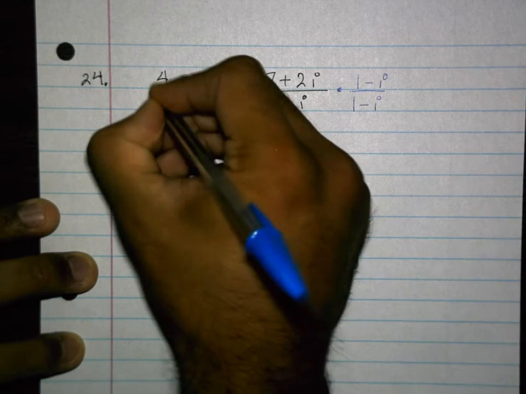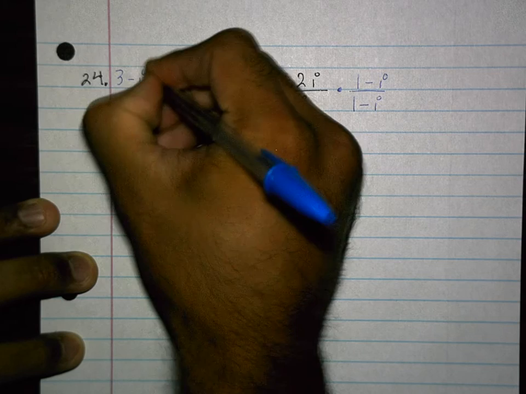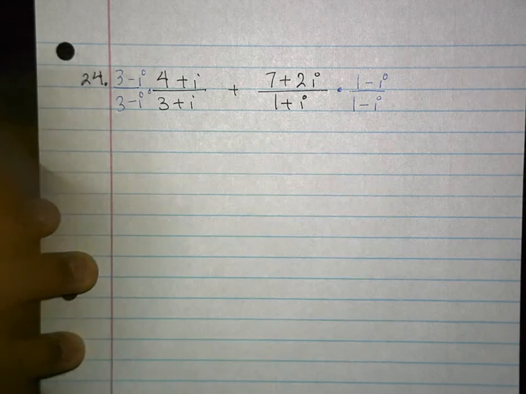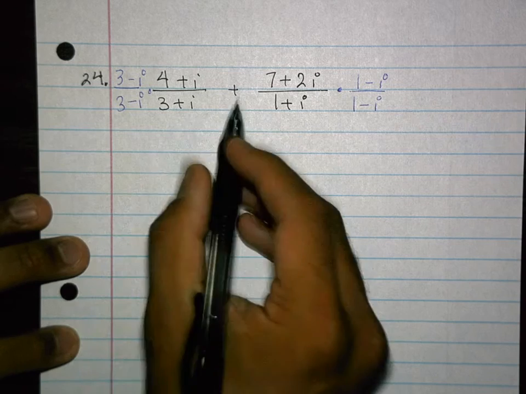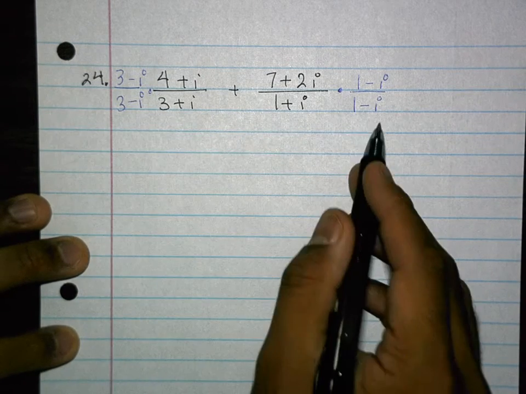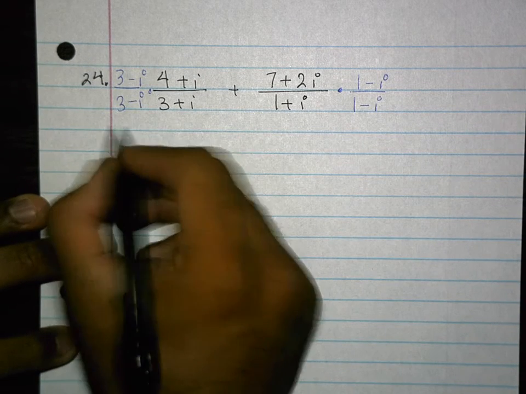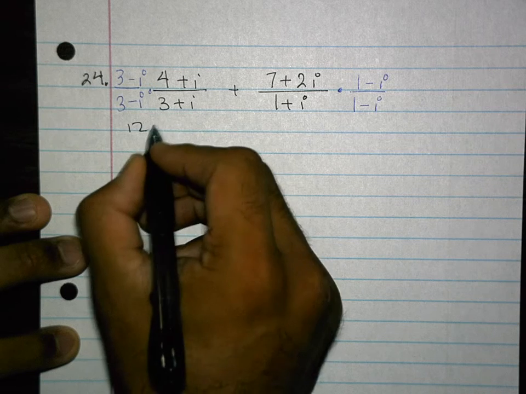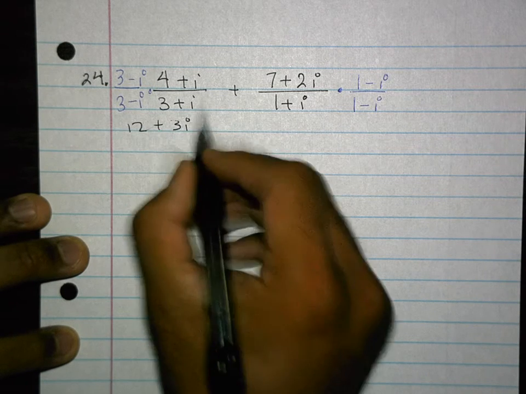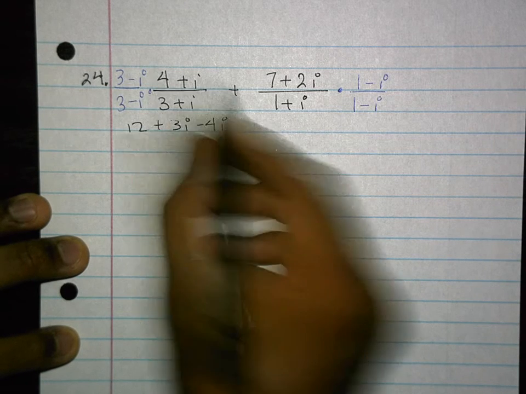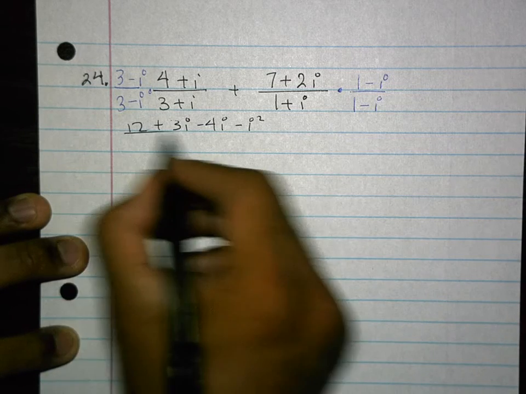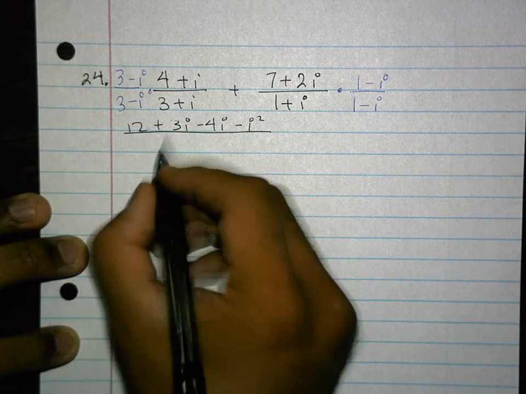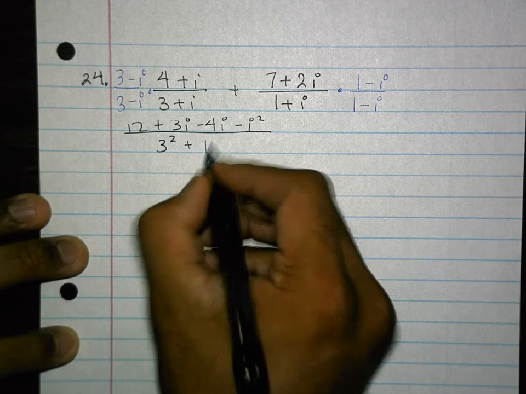These are going to get multiplied by different things, as you can see, because they are different conjugates. Up top here, I'm going to use the shortcut now for the bottoms. This only works for i, it doesn't work for radicals. So we're looking at 12 plus 3i minus 4i minus i squared. And with the shortcut, it's this one squared plus that one squared, so 3 squared plus 1 squared.